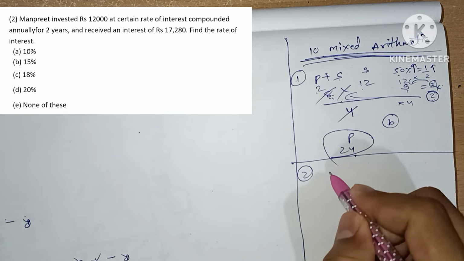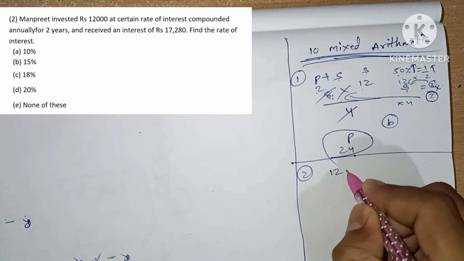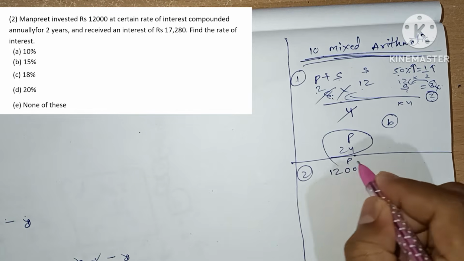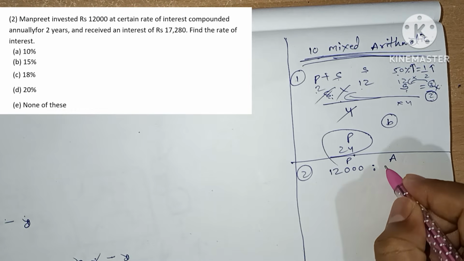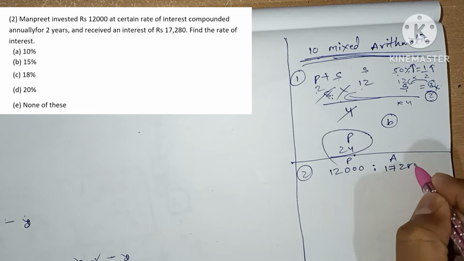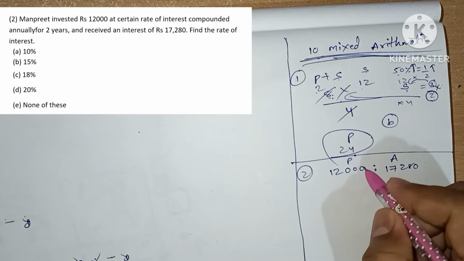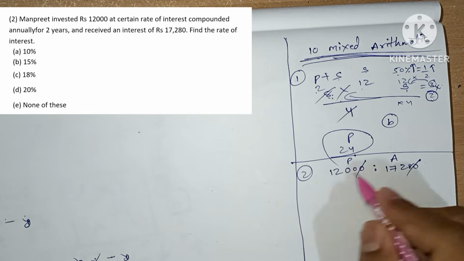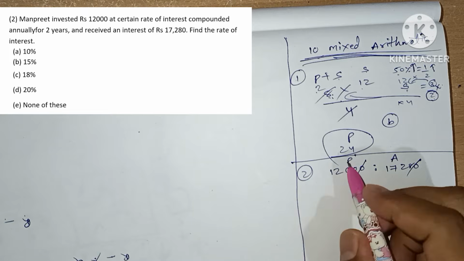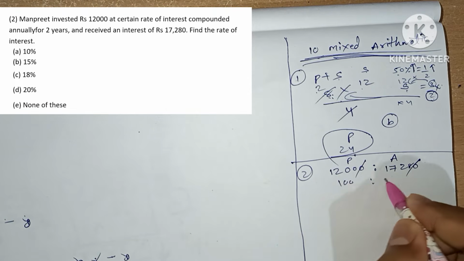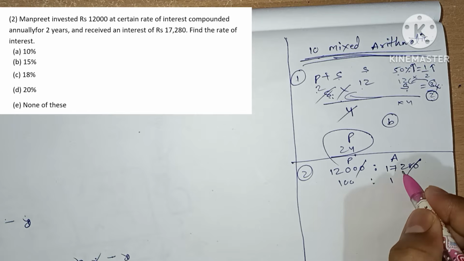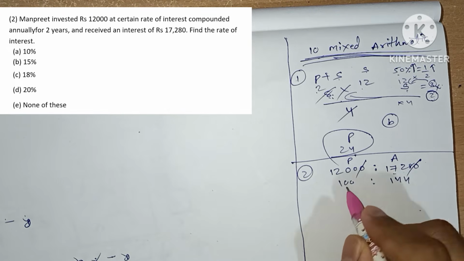So here it says that he invested 12,000 which is principal and in return the total amount he got is 17280. Let's take the ratio of principal to amount for compound interest. Here 0 cancel, 12 into 100 times, 12 into 1 times, 12 and 52 means 4 times and 4 times.